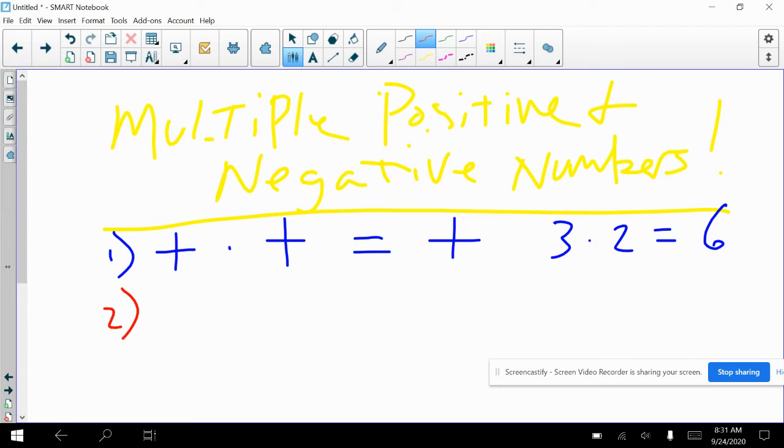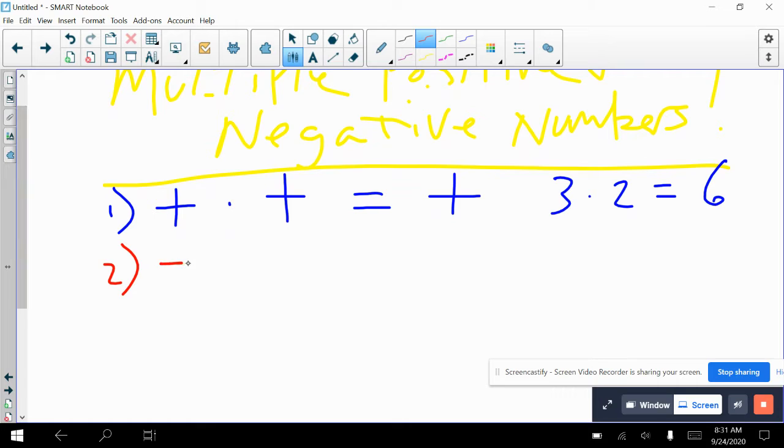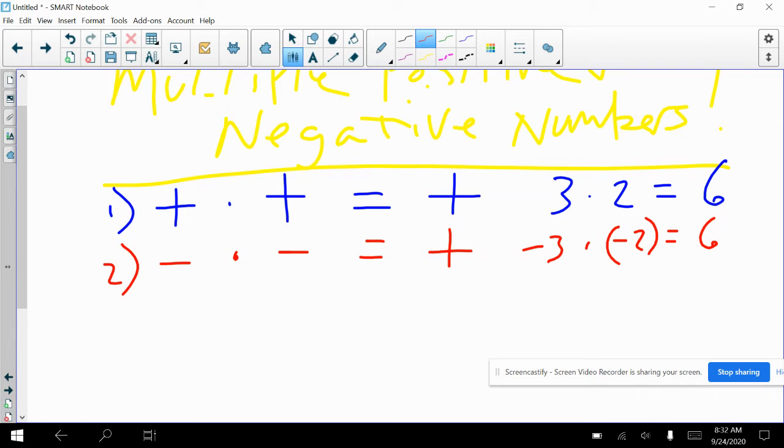Okay, next one. I'm gonna put this in this chart here easily so you can understand that. Negative times a negative. Yeah, okay, that gives us a positive number. Very good, sir. Negative 3 times negative 2 yields us a positive 6. That's correct.